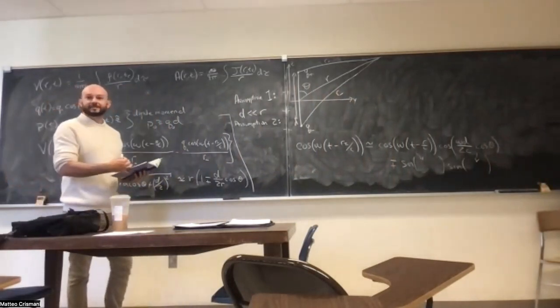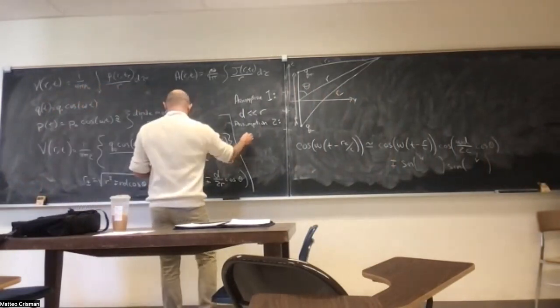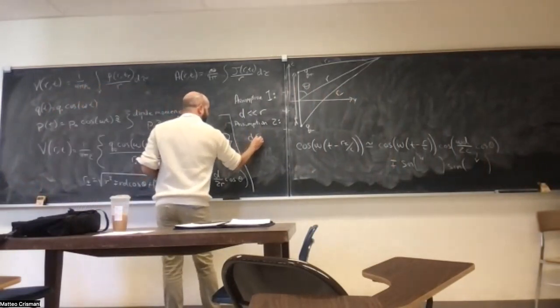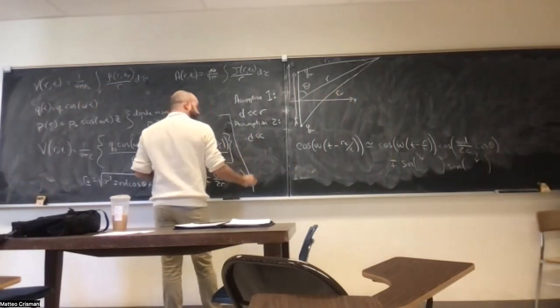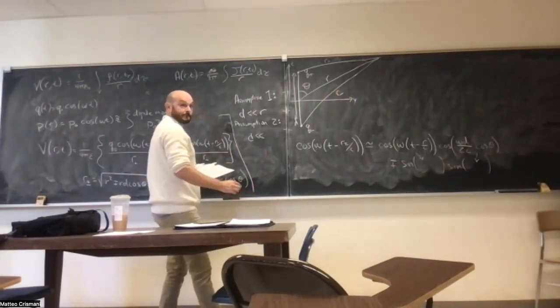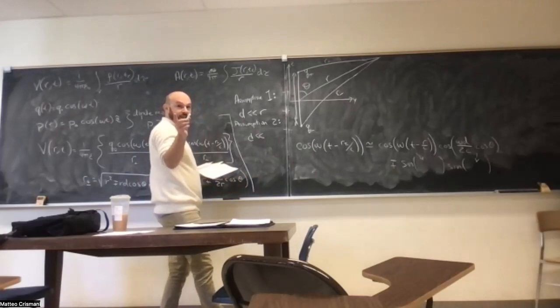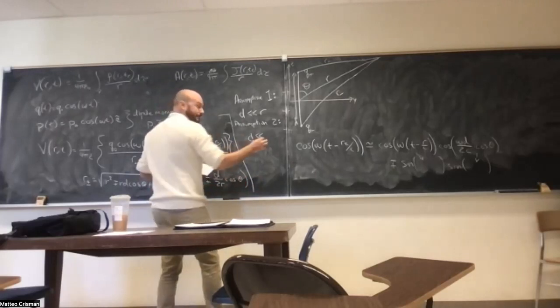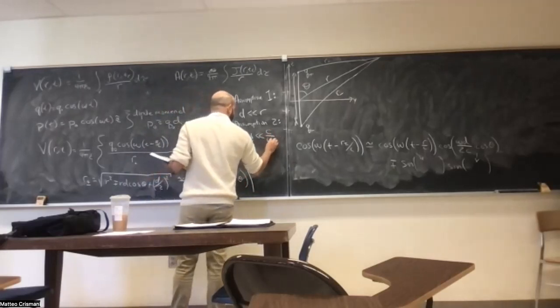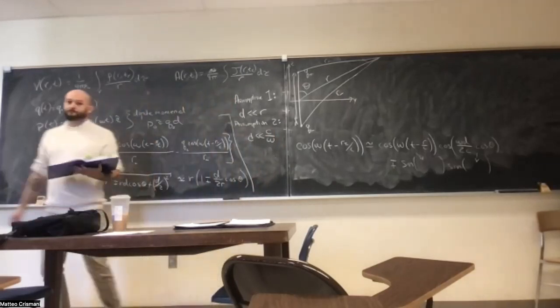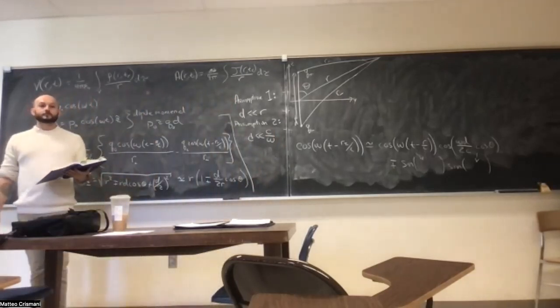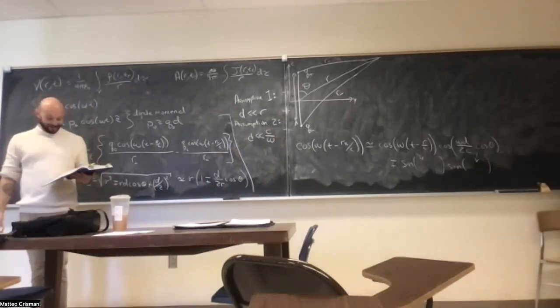which is that D is much, much smaller than C over omega. Correct. That's a length, right?